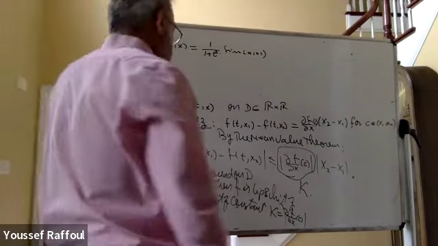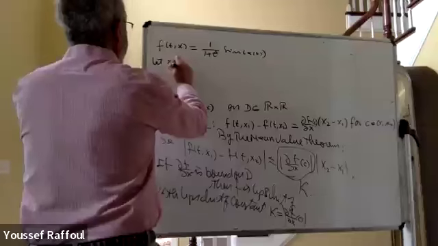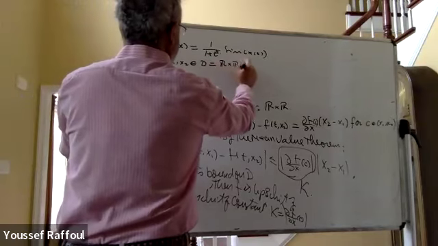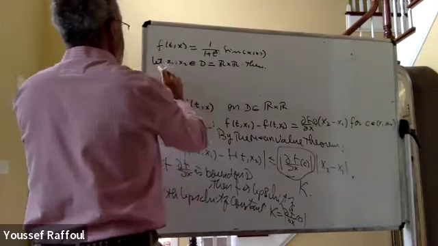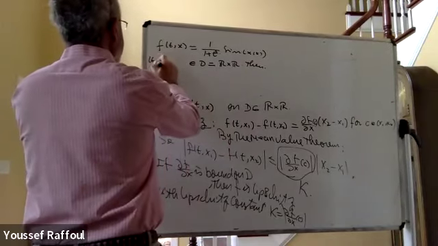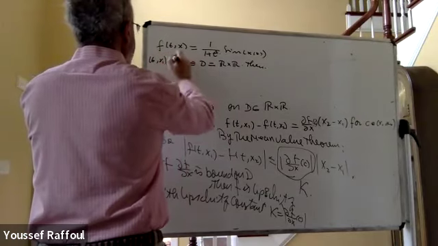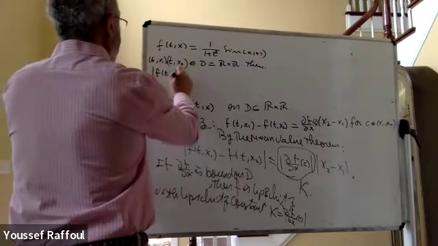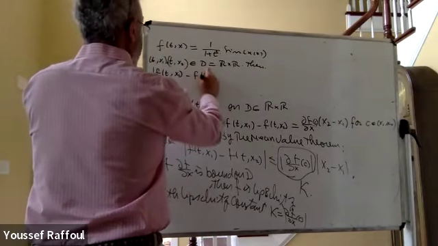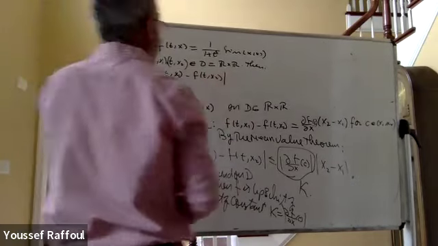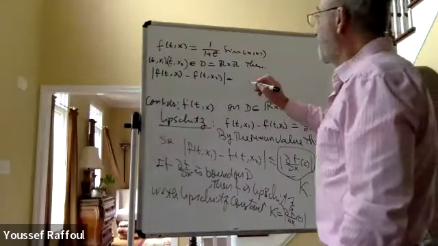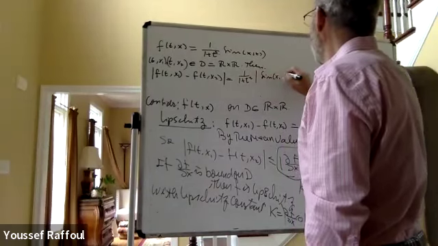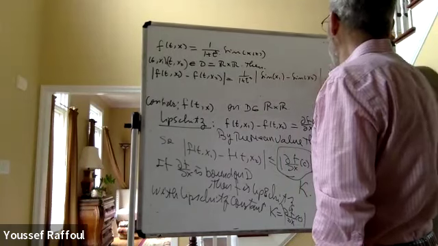So if you want to show this is Lipschitz, let t,x1 and t,x2 belong to the set D, here R cross R. Then I'm going to have f of t,x1 minus f of t,x2 is equal to 1 over 1 plus t squared times sine x1 minus sine x2.